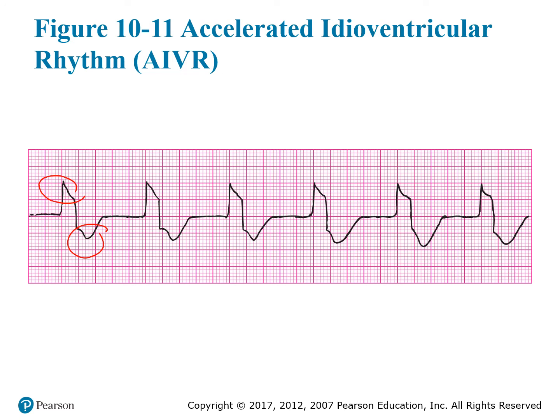Then you might see an agonal rhythm, which is basically your heart dying, where your QRSs are spaced so far in between that your heart rate is less than 20 beats per minute. Then you might see your Idioventricular Rhythm, or IVR, where your beats are anywhere from 20 to 40 beats per minute, and your QRSs are wide and bizarre, and your T waves are deflected in the opposite direction of your QRS. And then you have AIVRs.